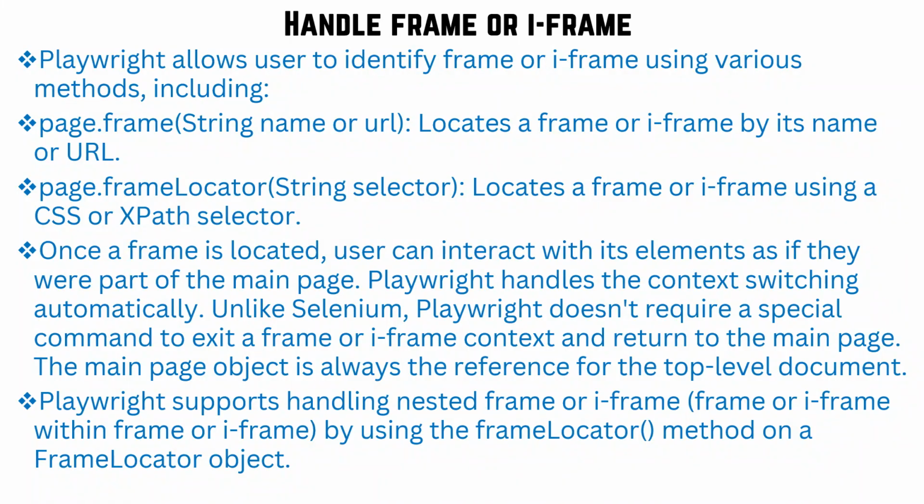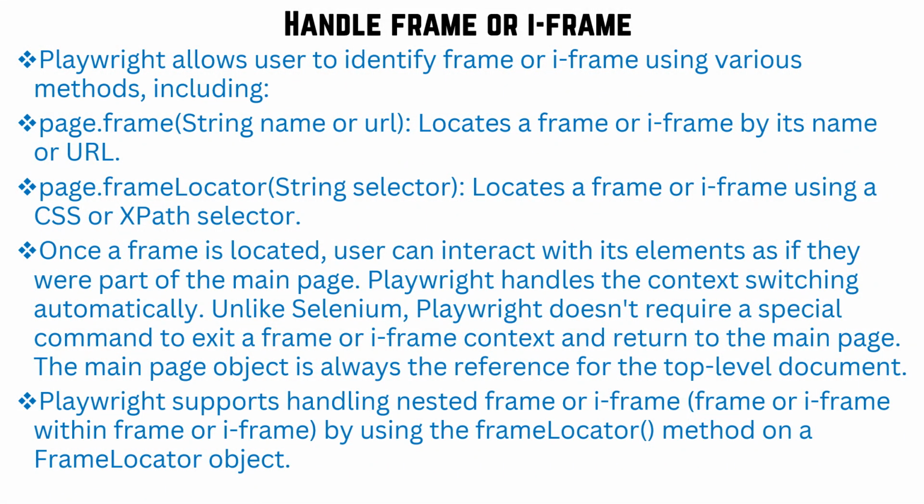So Playwright allows the user to identify a frame or iframe using various methods. Mostly two methods are important. One is page.frame, where you can pass the name or URL as a string, which will help you to locate a frame or iframe by its name or URL. And the second approach is page.frameLocator, where you can pass the locator or the selector.